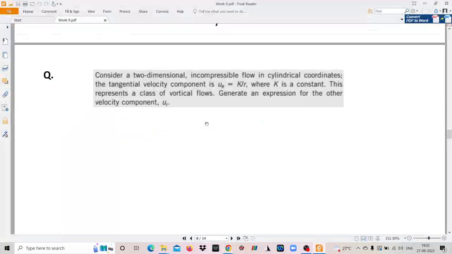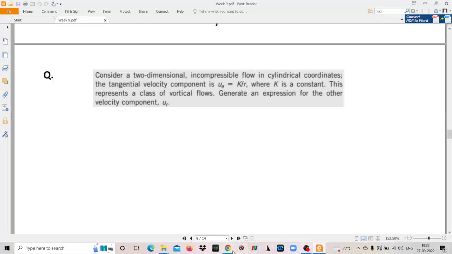You have to generate an expression for the other velocity component, u r.